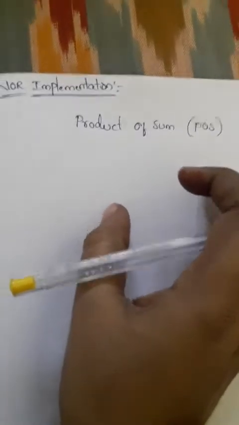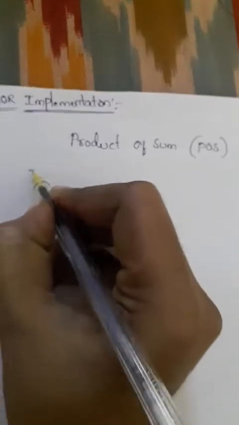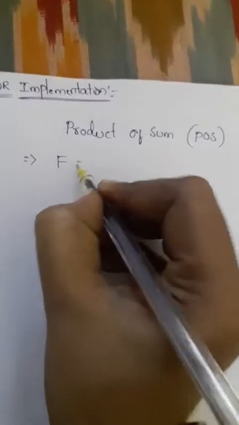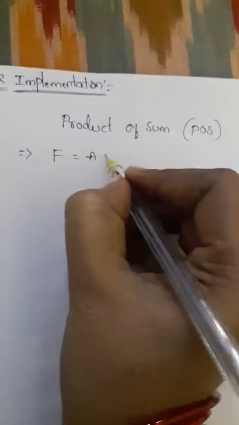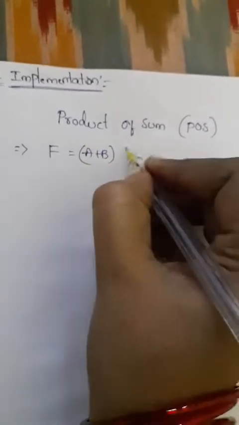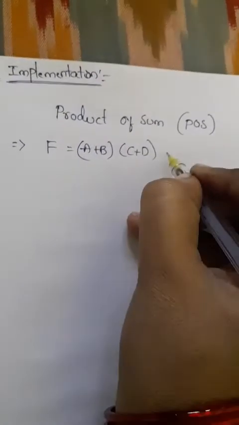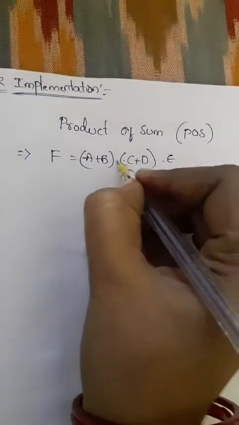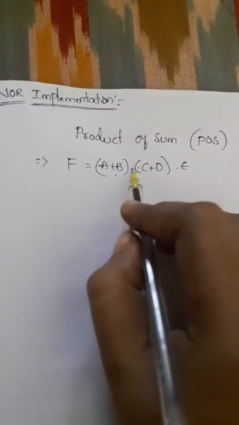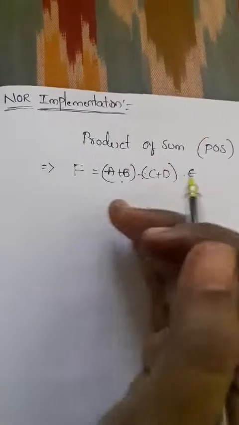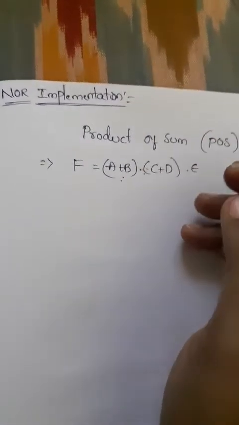Let us take one example for this POS expression. F is equal to (A plus B) into (C plus D) into E. Just check, is it SOP form or POS form? SOP is sum of products, but here it is product of sums, so it is in the form of a POS expression, right?